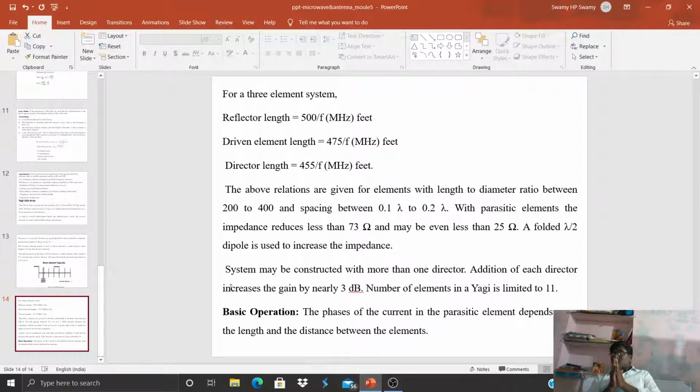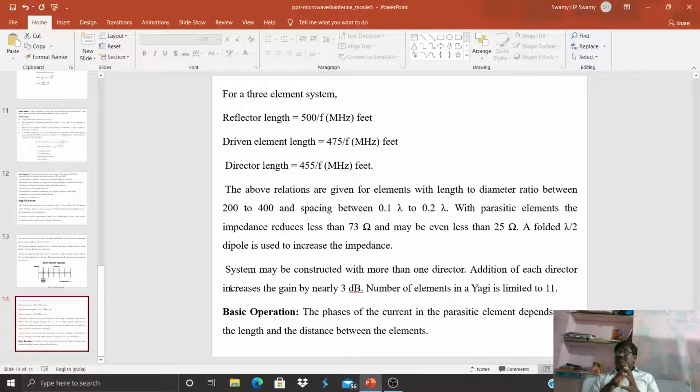So in a Yagi-Uda array, the main important components are: one radiator or active driven element, which is supplied with the input power or input energy. Along with this, to convert the bidirectional dipole into a unidirectional dipole, two passive elements are connected. Those are called the reflector and director.